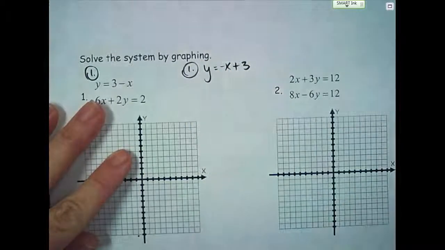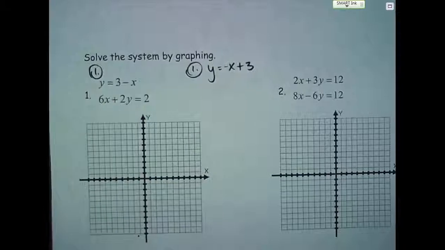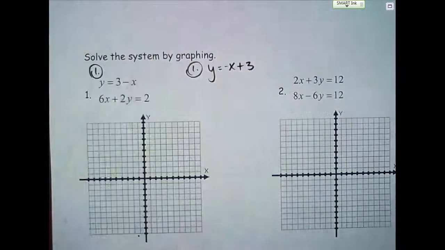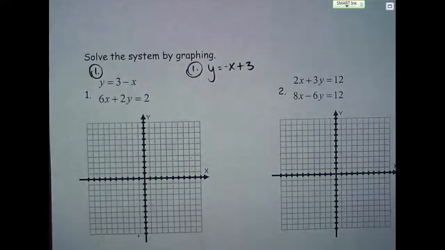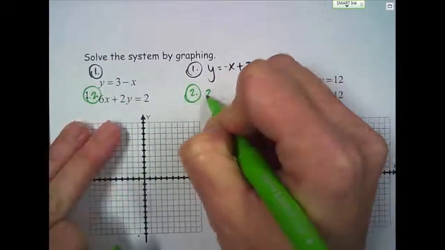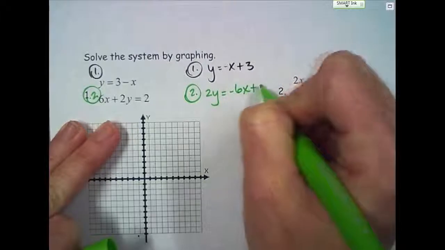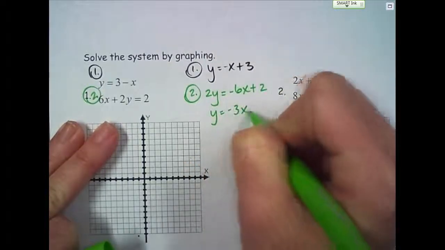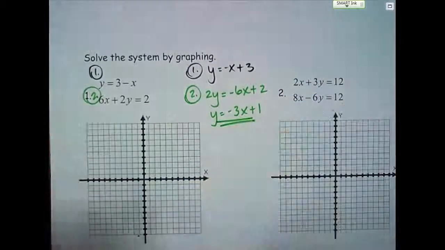That's kind of the format you're used to seeing it in. Then I'm going to rewrite line 2. Here's line 2. And we're going to say 2y equals negative 6x plus 2. Divide everything by 2. Those are the 2 lines we're going to graph.